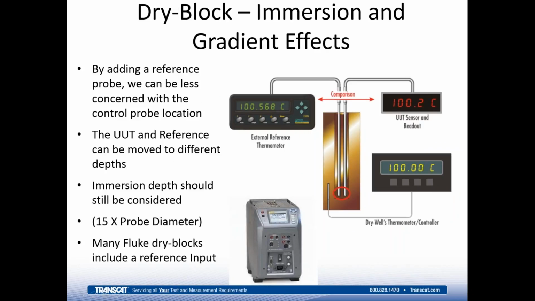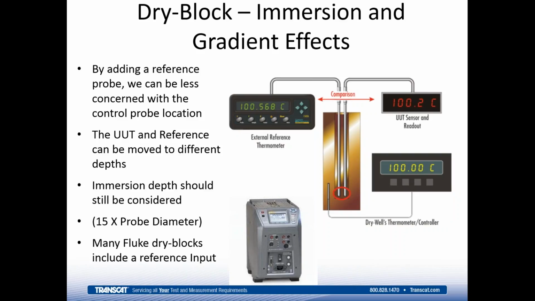So what are other solutions to this issue of, I've got a shorter probe and I can't reach all the way to the bottom of the dry block? What do I do? Well, we know that we need to have the sensor that is the reference and the sensor that is under test at the same level. So one trick would be you insert your probe and then you insert the reference, and you make sure that you have a reference thermometer inserted to exactly the same level as your unit under test.